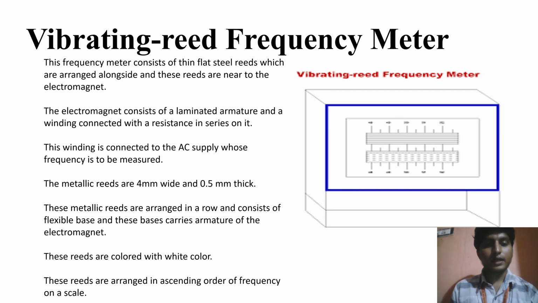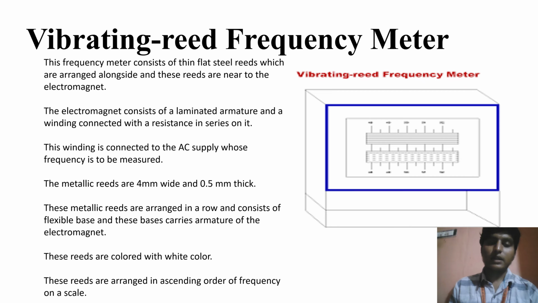The electromagnet consists of a laminated armature and winding connected in series with a resistance in the circuit.